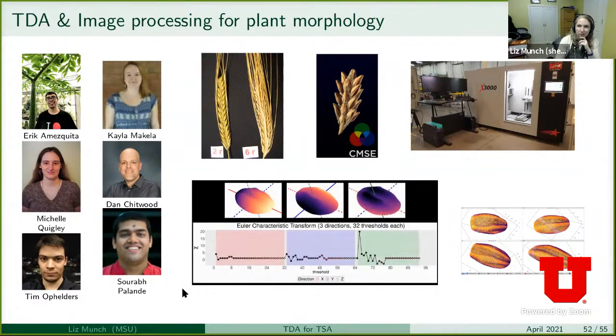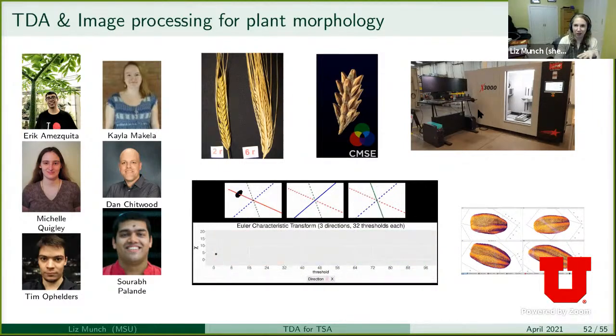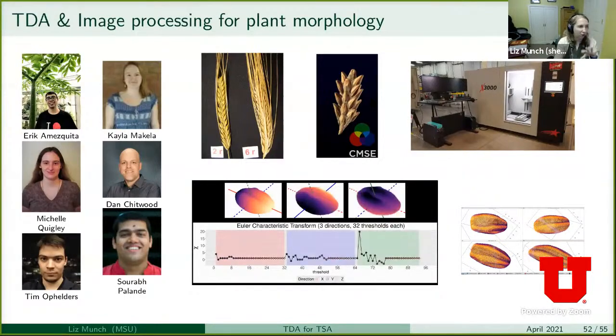So, yeah, these are other people in our group. Sarab is Bay's former student who is now a postdoc working with Dan and I. He's been doing a bunch of things related to this and mapper graphs and some other stuff. Michelle actually runs the scanner. This is her job, really trying to figure out how to do all these scans. There's a lot of magic in getting from an input plant to an output scan that's actually nice and usable, and it's an art form.